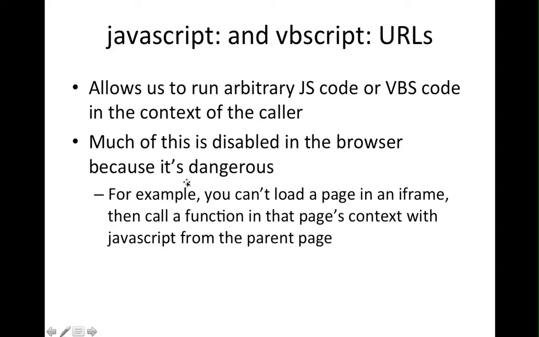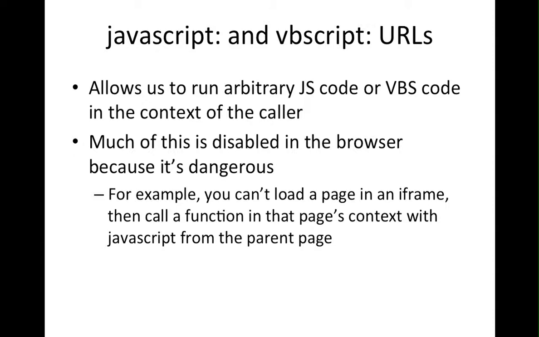Okay, so JavaScript and VBScript URLs allow us, like I said, to run arbitrary JavaScript or VBScript code in the context of the caller, or the callee. Most of the JavaScript links are disabled. You can still run them if they're right in the code itself and running under that context.